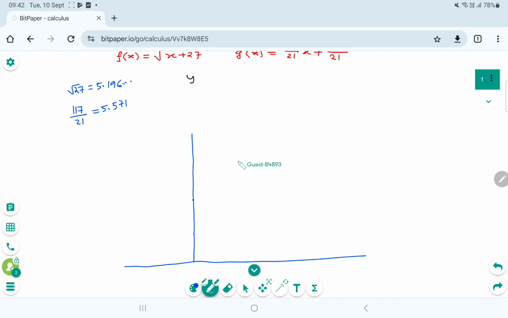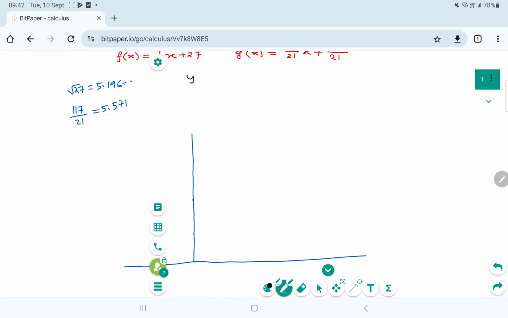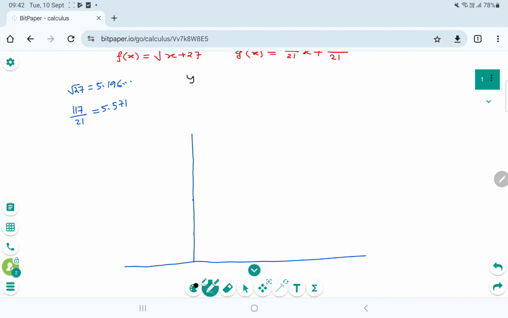Now let's draw the straight line. The straight line is passing through this, maybe here, and then a small slope. The parallel line, I mean the horizontal line, maybe this line. It is not necessary, I'm just drawing.